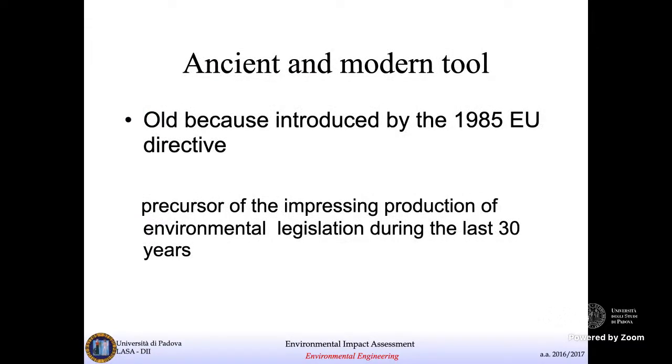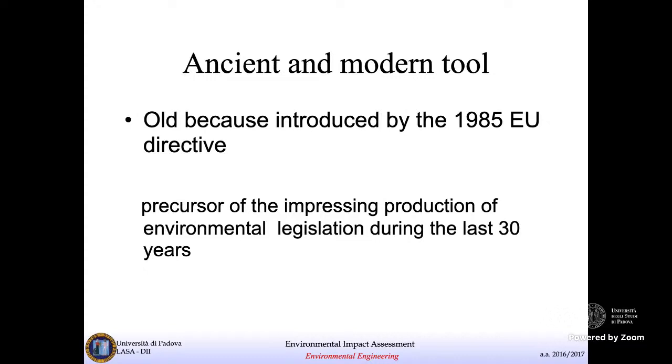Environmental impact assessment is both an ancient and a modern tool. It is an old tool because it was introduced as far back as 1985 by this first directive, so more than 30 years ago. But it is also modern because it was the precursor of an impressive production of environmental legislation during the last 30 years.